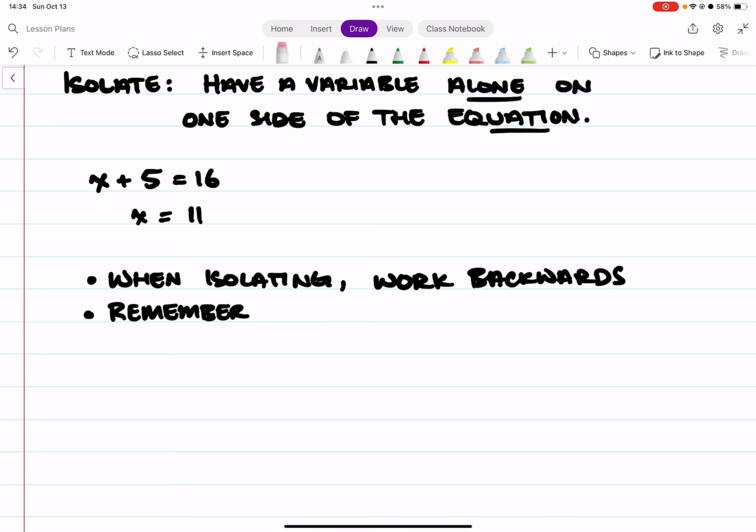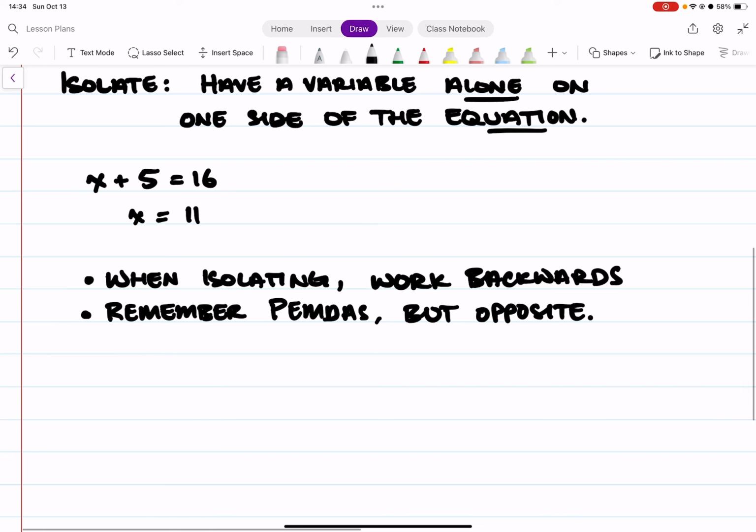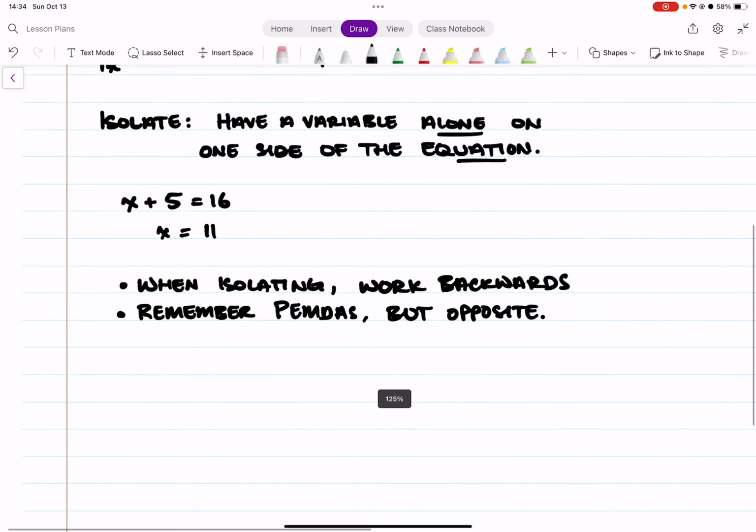Remember PEMDAS, but opposite. All right, so I'm just going to leave it like that as an easy, quick reference, and I'll explain why I wrote that and why we're going to do that.